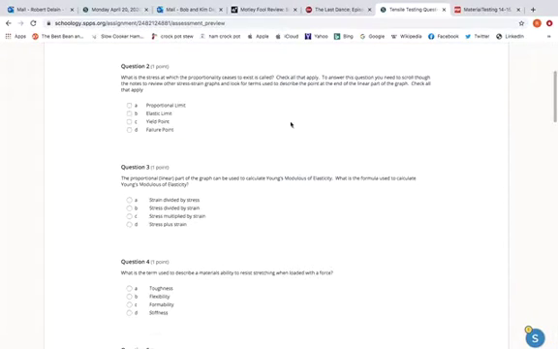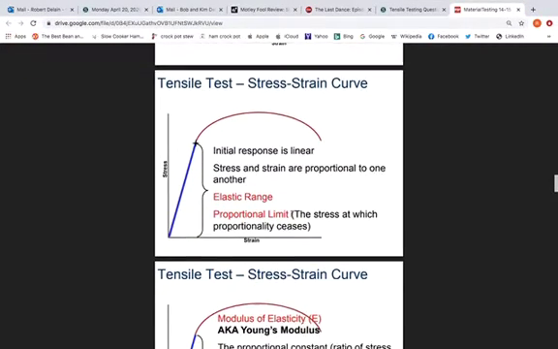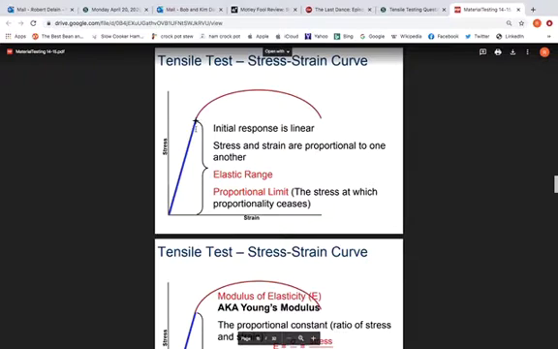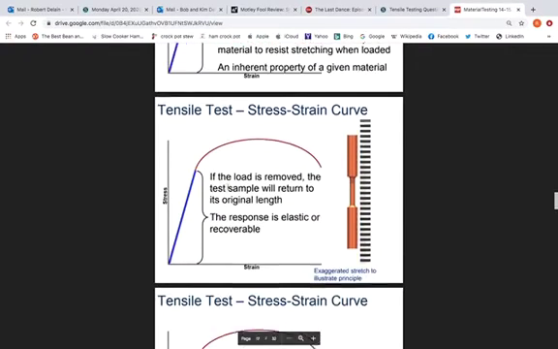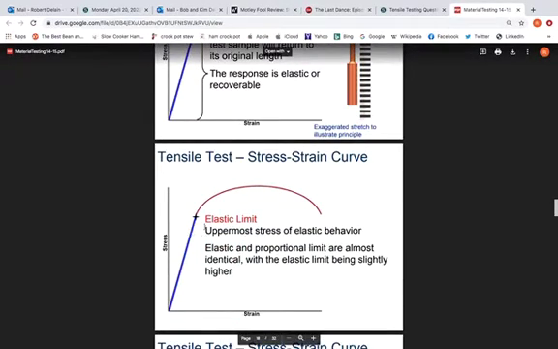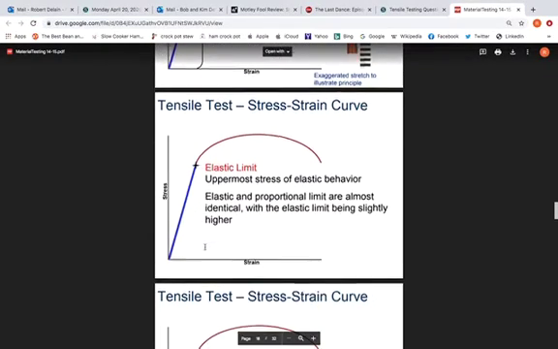And it says in the question to go through the materials and find the different areas. Well, it's the proportional limit, this part right here, where this proportional region stops and it begins to curve instead of being on a straight line. That area is also called the elastic limit, right at the end of that straight line.